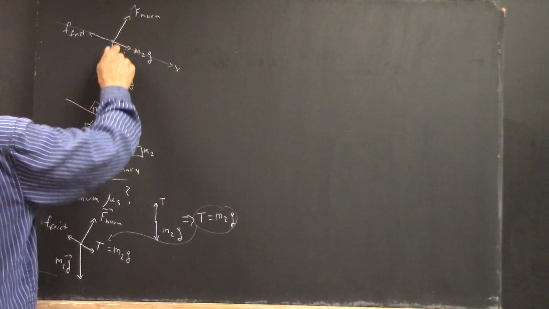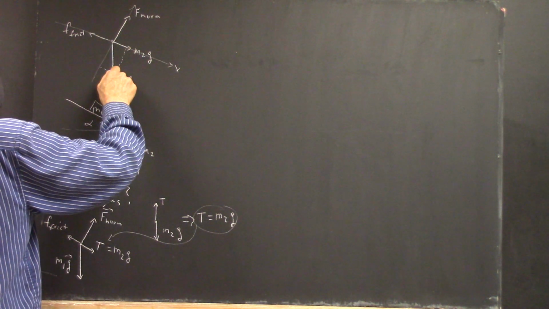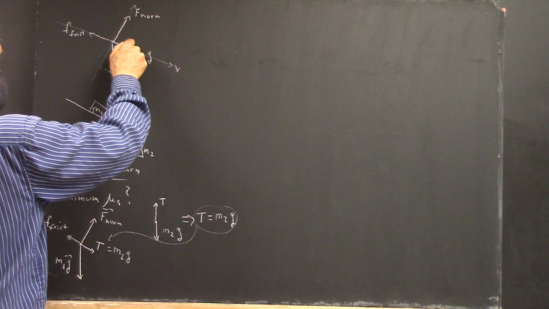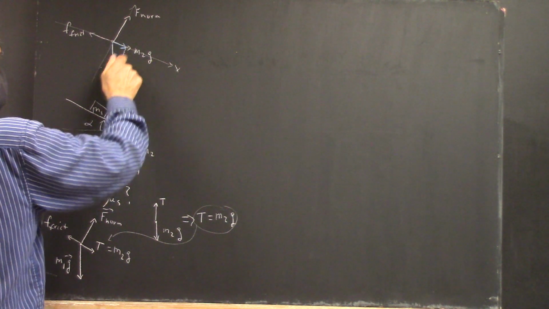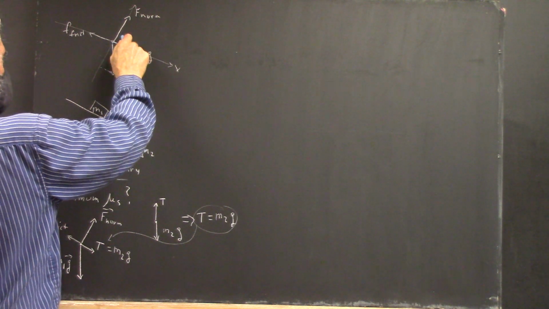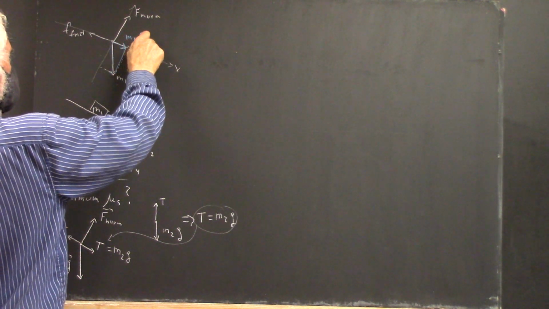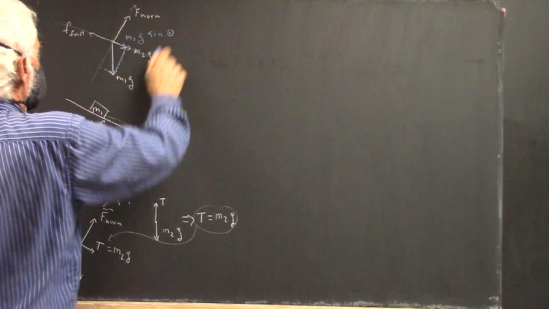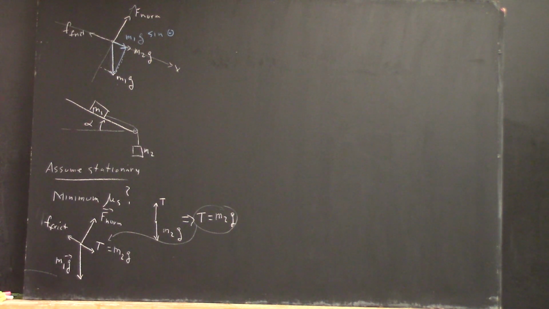And let's get colorful with that. Let's go ahead and say, okay, this force is here. Now this force has a component in this direction, and that's going to turn out to be M1G sine theta. You want to make sure you understand why that is.